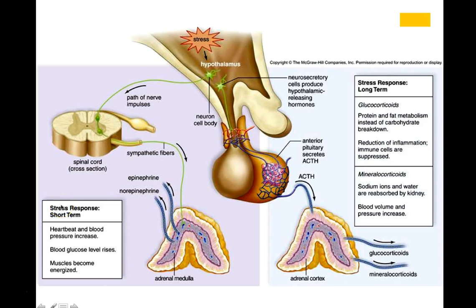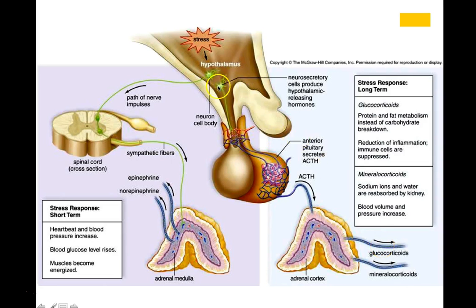Now let's take a look at the long-term stress response. When we are stressed for a prolonged period of time, months, years, we are going to have our glucocorticoids secreted from the adrenal cortex. So let's go through this pathway.